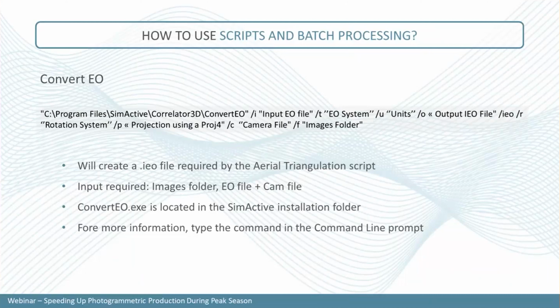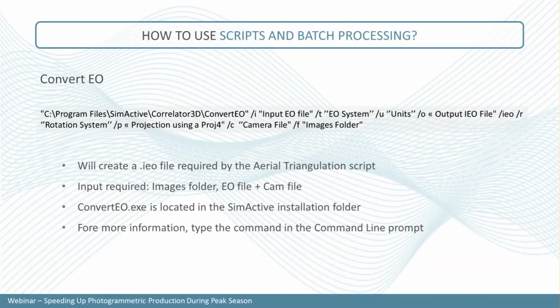You basically need the input camera file, a cam file, which contains the pixel size, the image dimension, and the focal length. All the distortion can be calculated during the bundle process, but we at least need the focal length, pixel size, and the image dimension.